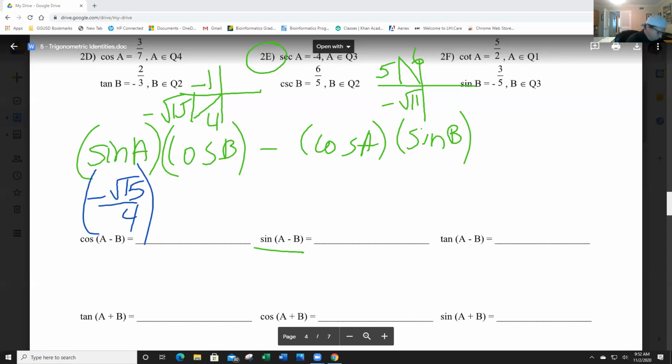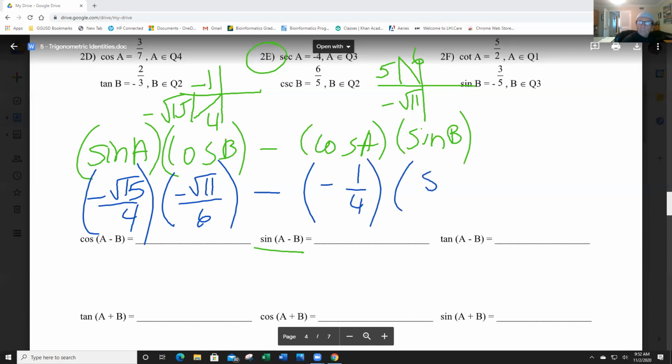Negative square root of 15 over 4 times negative radical 11 over 6, minus negative 1 over 4 times 5/6. Okay. And what's great about this is it's not too bad.